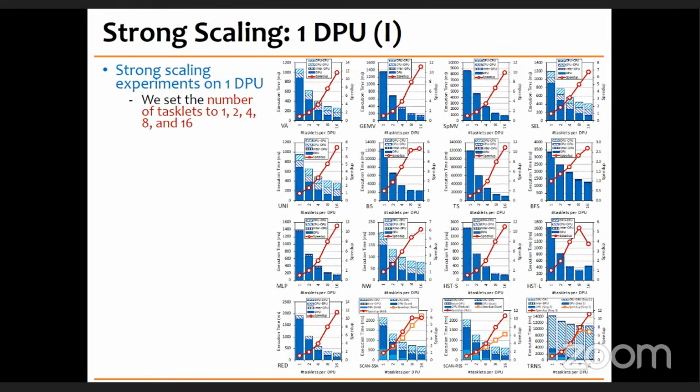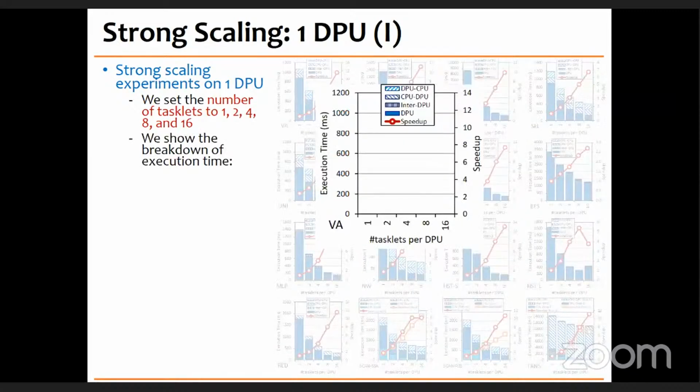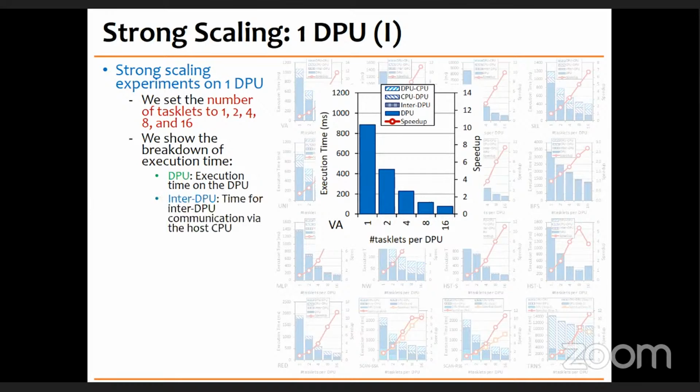And here you can see some results for a single DPU. These are the results for the 16 benchmarks. As you can see, we changed the number of tasklets from 1 to 16. These are, for example, for vector addition. This is the execution time on the DPU for a single DPU. As we increase the number of tasklets, we reduce the execution time of the kernel for obvious reasons.